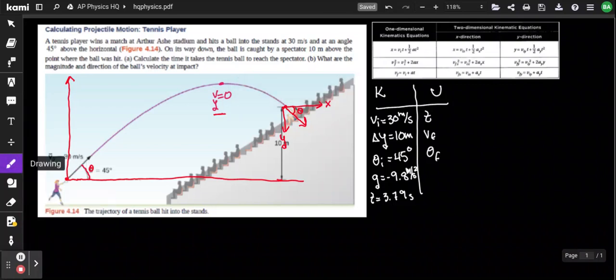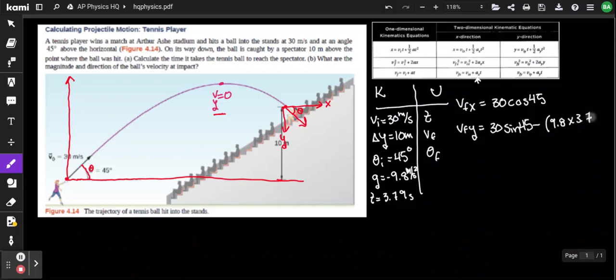Since we have our time and our initial velocity, we can simply use the bottom equations where we find v final x and v final y. V final x is going to be our initial velocity, which is 30 times cosine of 45, and since our acceleration in the x component is 0, that term cancels out. And v final in the y direction is going to be 30 sine 45 minus, because our acceleration is negative, 9.8 times the time, 3.79.